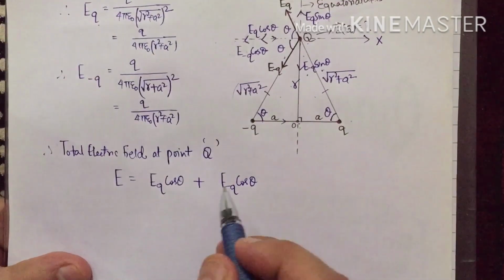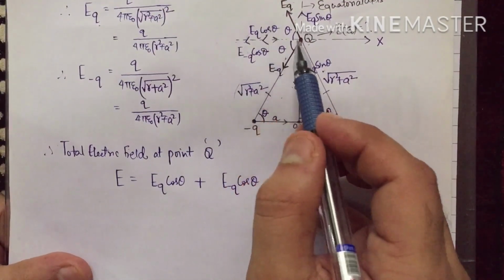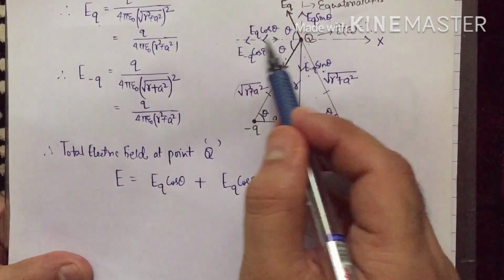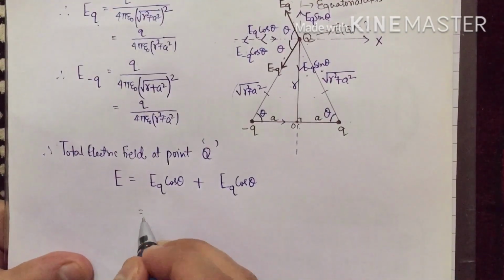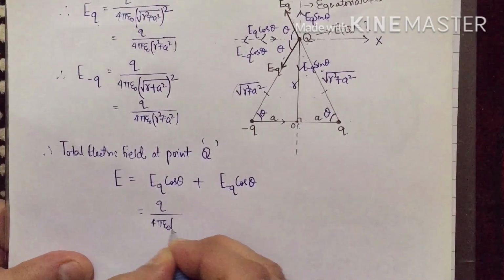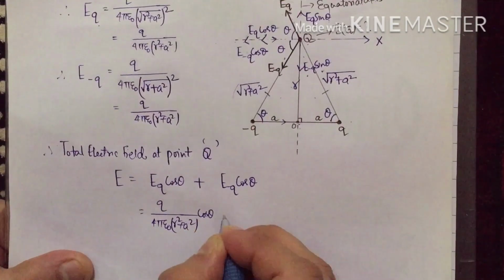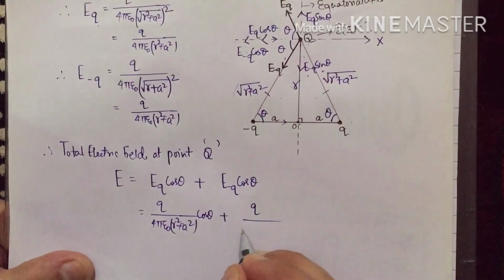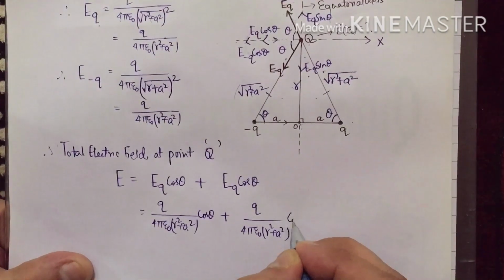As both the components are in the same direction, the net electric field will be given by the algebraic sum of the two components along the x-axis. Let's put the values of EQ and E minus Q: EQ is Q divided by 4 pi epsilon naught (R square plus A square) cos theta, plus Q divided by 4 pi epsilon naught (R square plus A square) cos theta.